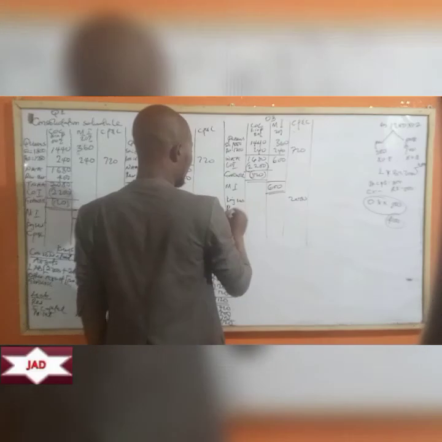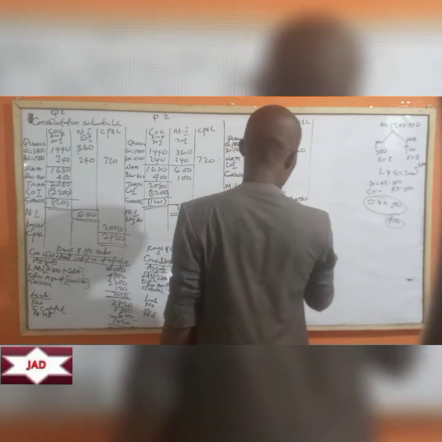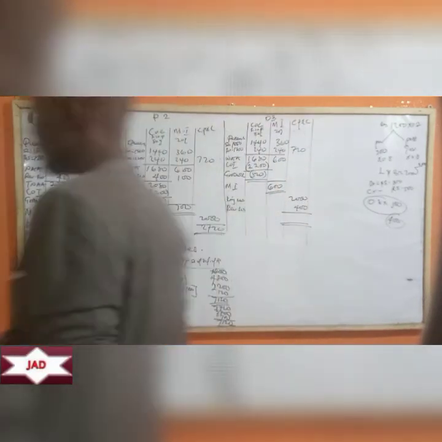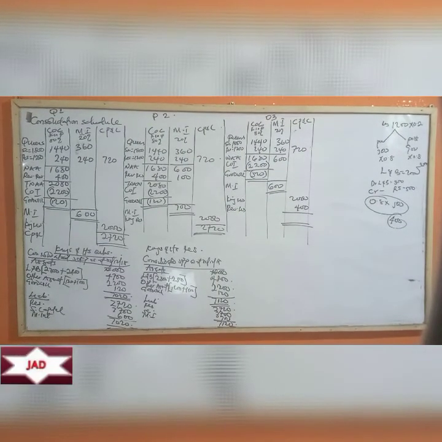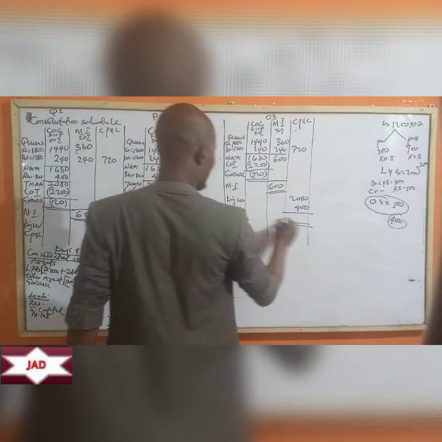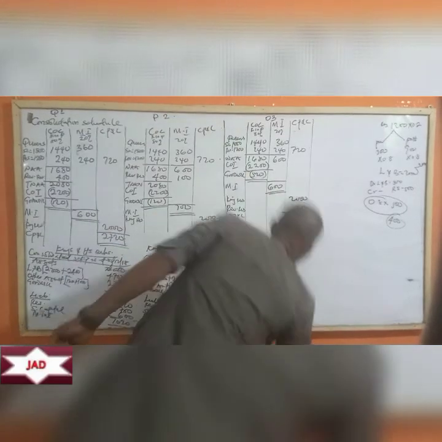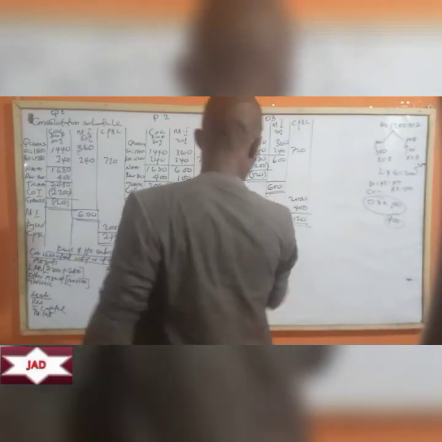Then we now have revaluation reserve, which is 400. So when you add up, what do you have? 720 plus 2,000 plus 400. What do you have? 3,120. So CP and L will be 3,120. So with this now, let's prepare.